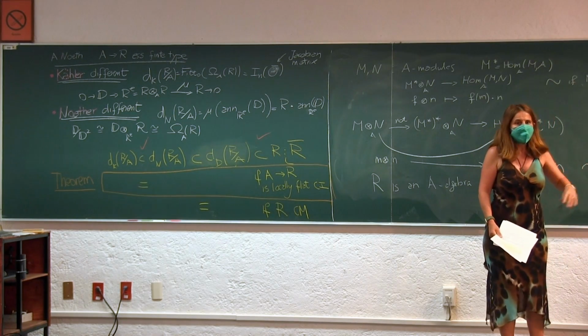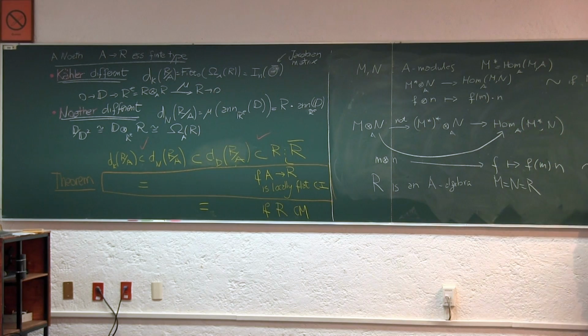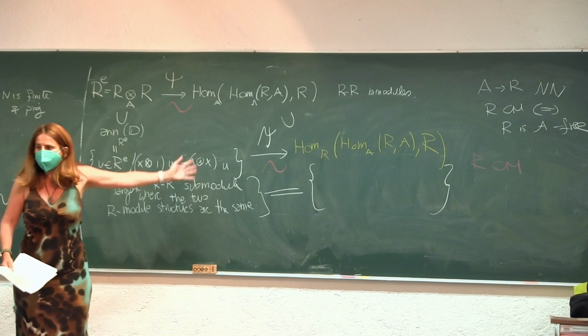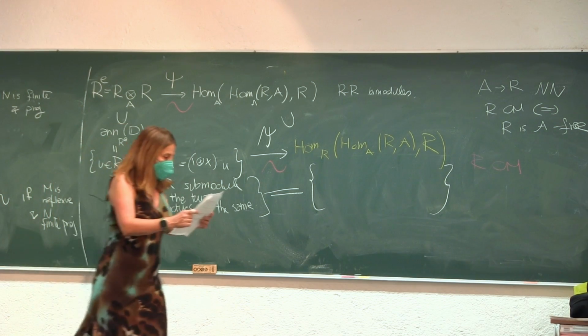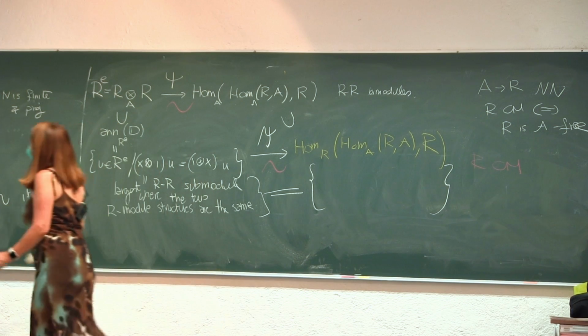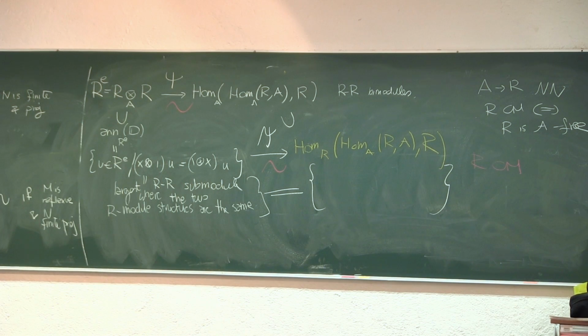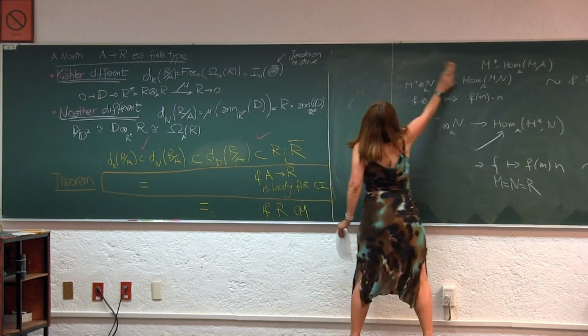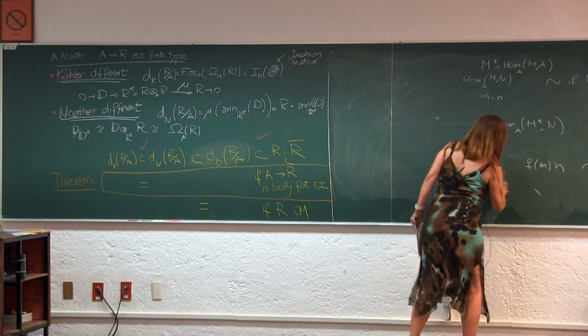Okay. So we have this beautiful picture with two isomorphisms for R Cohen-Macaulay. Now I still have to even prove the inclusion. I didn't prove the inclusion. But the isomorphism is going to be very important to prove the equality as well when R is Cohen-Macaulay.